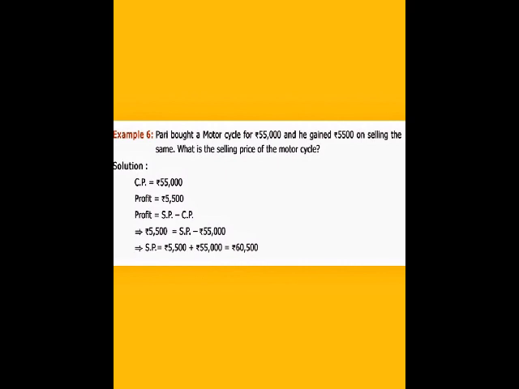So we want to find the selling price. Solution: cost price is equal to 55,000, profit is equal to 5,500. Therefore profit is equal to SP minus CP, so SP is cost price plus profit. 5,500 plus 55,000 is equal to 60,500. So he sold the motorcycle for rupees 60,500.